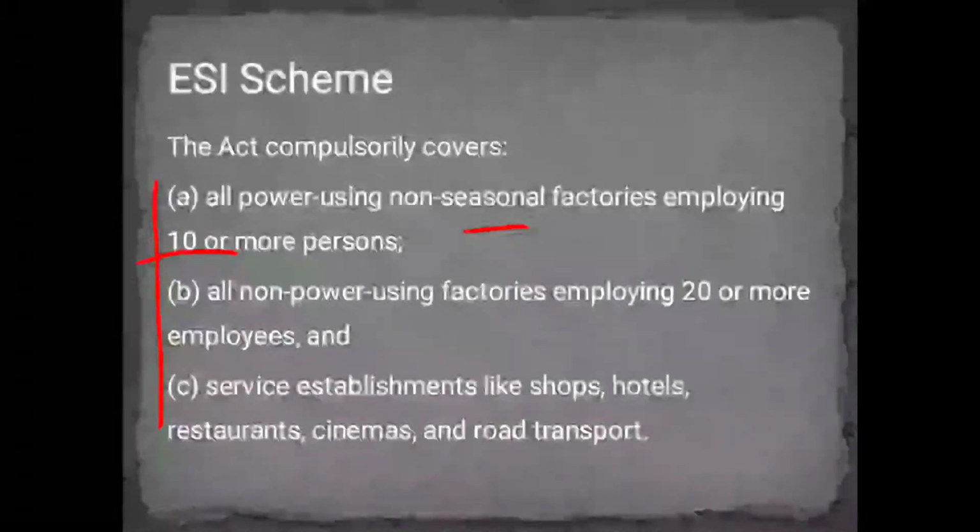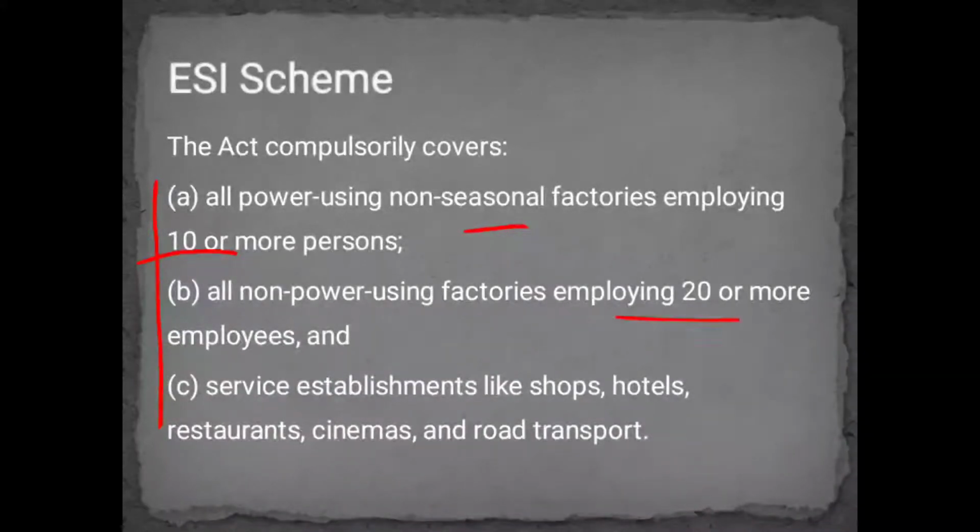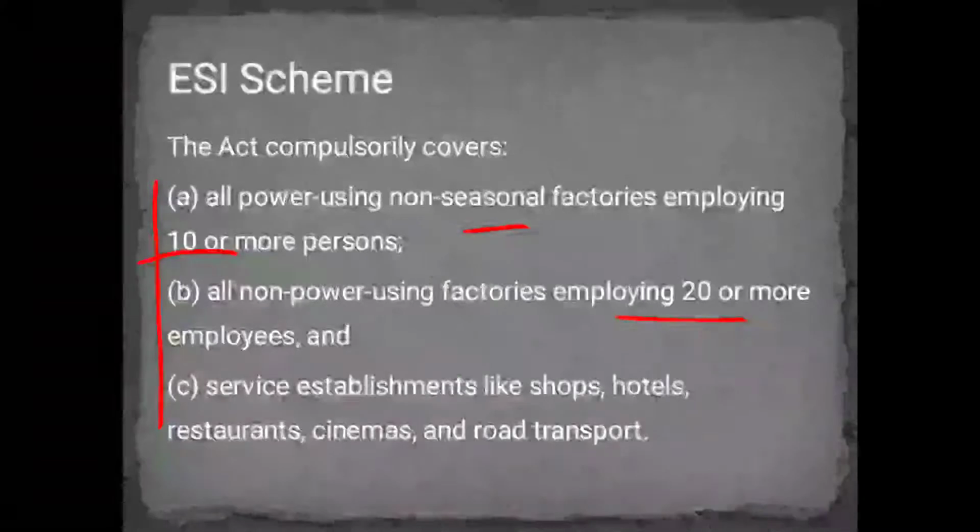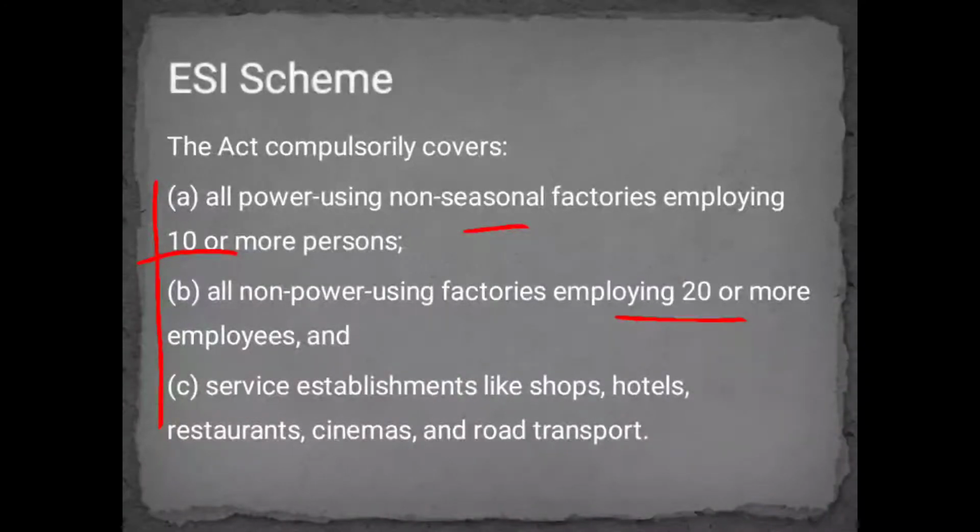Then all non-power using factories employing 20 or more employees. See, if the factory doesn't use power, electricity or anything, and the process is done manually with manual labor, in such cases up to 20 employees you need not have the ESI. So the workers in those factories are losers. So 19 means the factory need not go for the ESI, only 20 members or more.